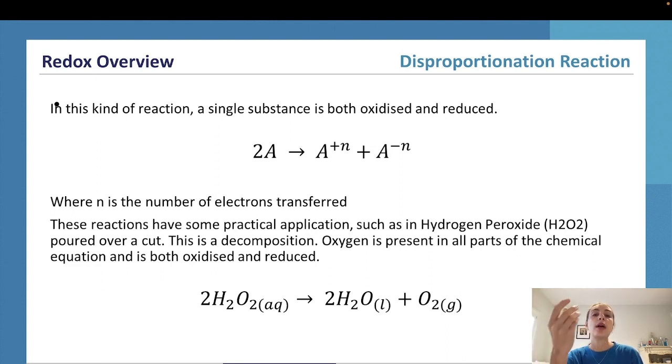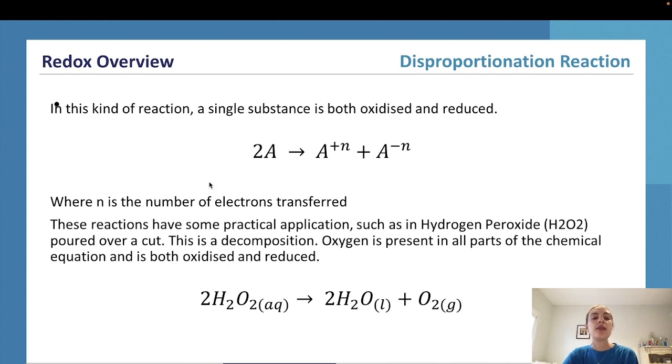So it's basically like one compound splitting into 2 compounds, one of which has been oxidized and one of which has then been reduced. In this example up the top here, n is your number of electrons which has been transferred.